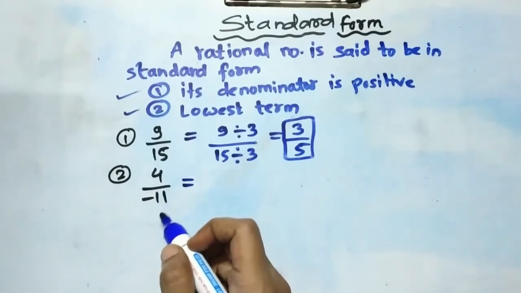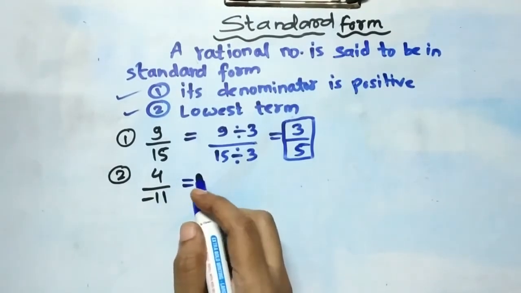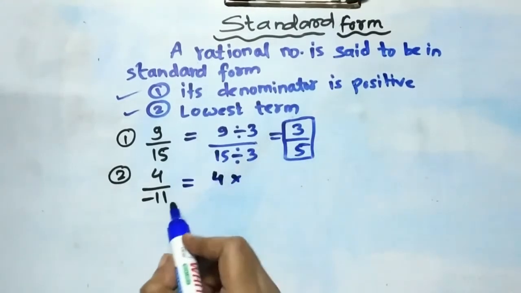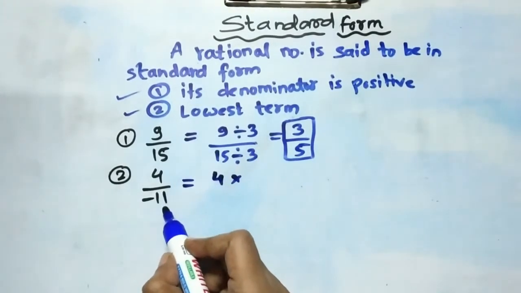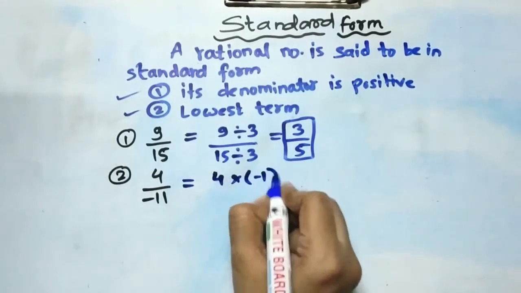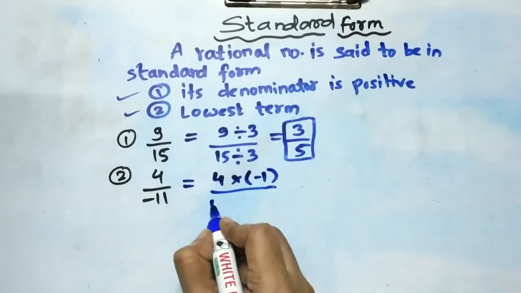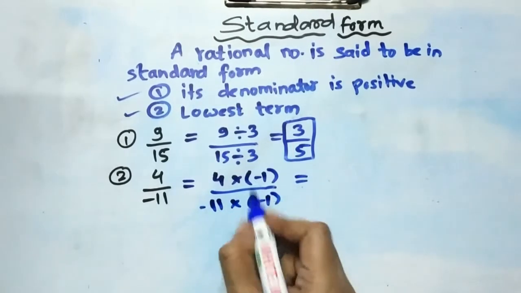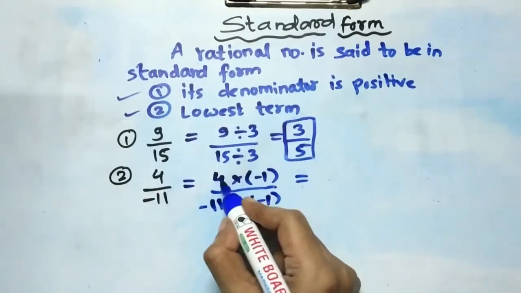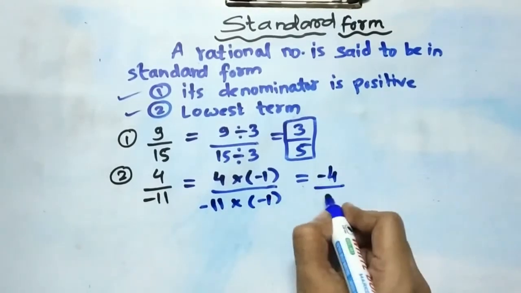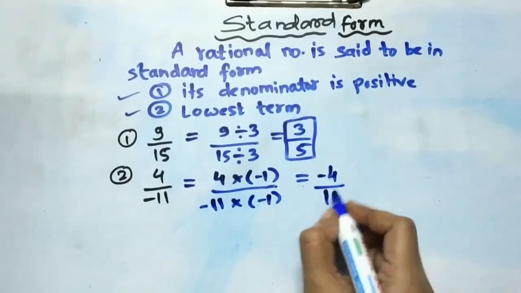So just to make the denominator positive, what do I need to multiply? I will think in my mind that if I multiply it with minus 1, then it will become positive 11. Yes, so I will choose minus 1 to multiply. After multiplying with minus 1, what I'll get here? 4 ones are 4 and then minus 4, and 11 ones are 11, and this minus minus will become positive 11.